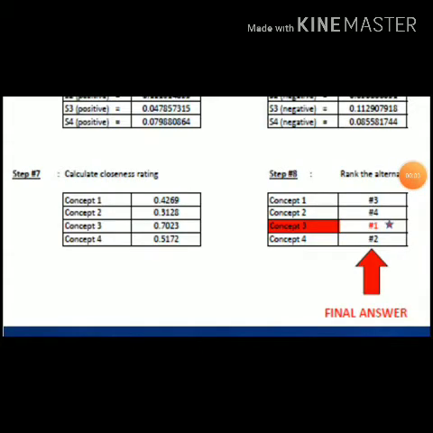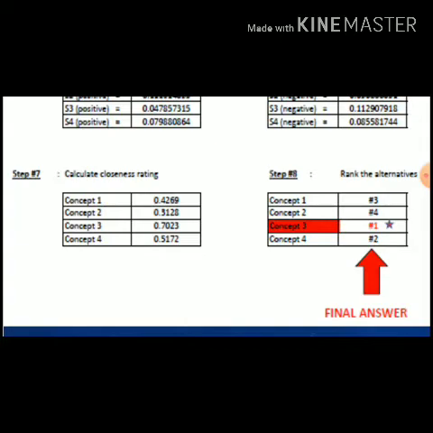Step number 7, we calculate the closeness rating, using the formula where you have the negative separation distance divided by the summation of the positive and negative separation distances. So what can you say here? Concept number 3 produces the highest number of 0.7, followed by concept number 4 at 0.5, then concept number 1 at 0.4, and last but not least concept number 2 at 0.3.